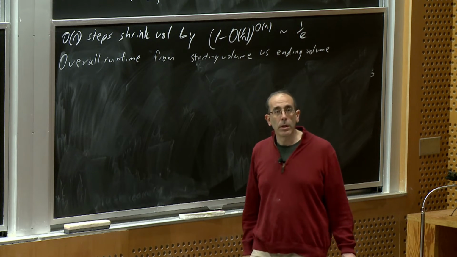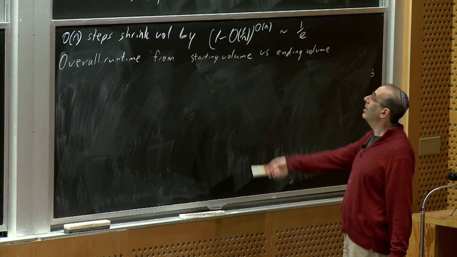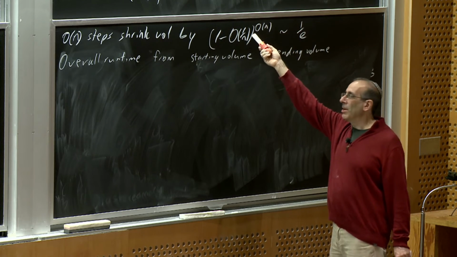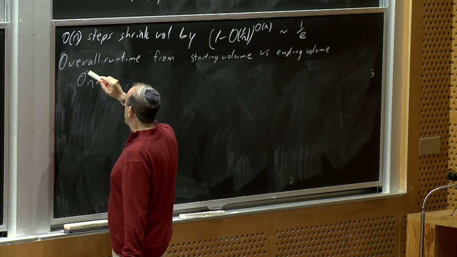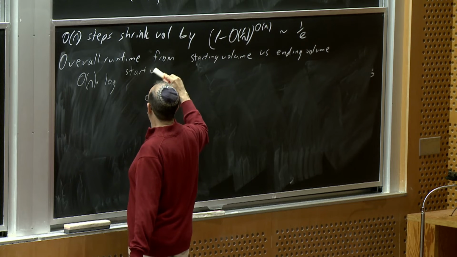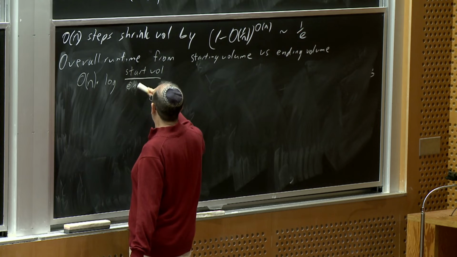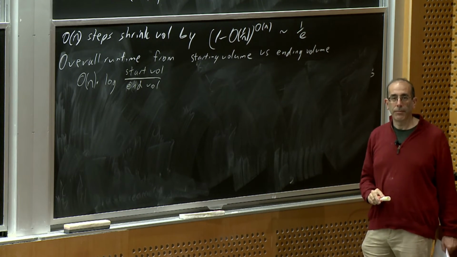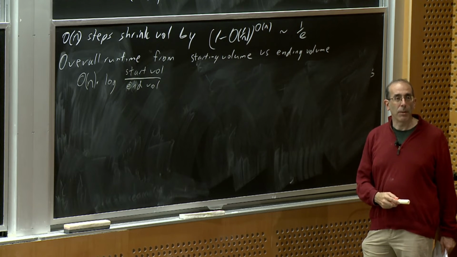If the ending volume is only half the starting volume, then we'll finish in n steps. More generally, it's order n times the log of the ratio between the starting volume and the ending volume. Since we're geometrically decreasing the volume, that's where the log comes from.